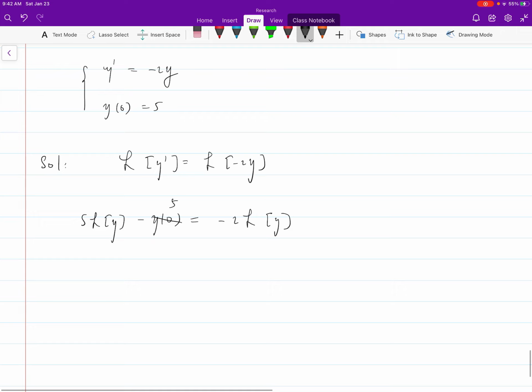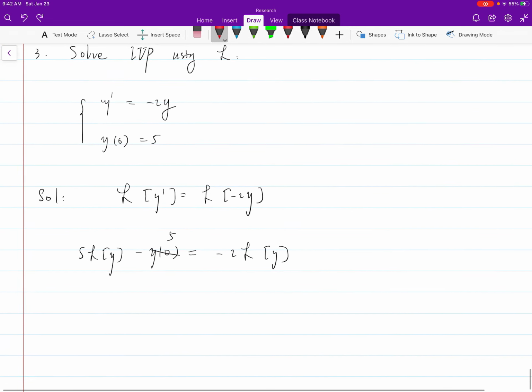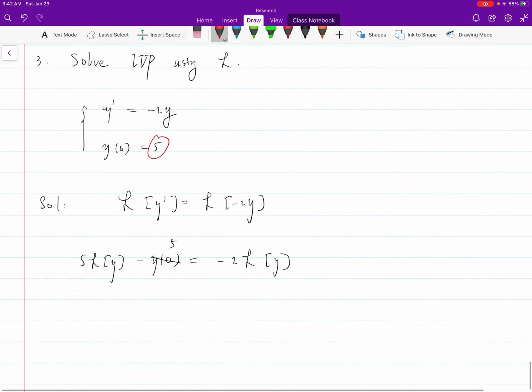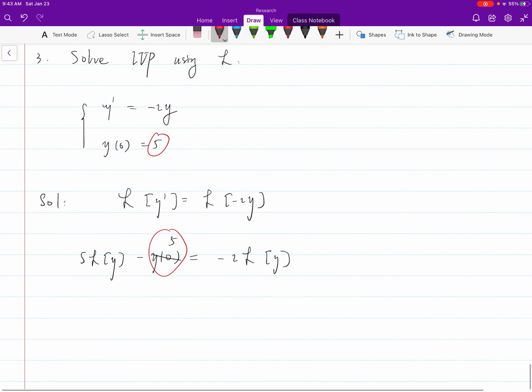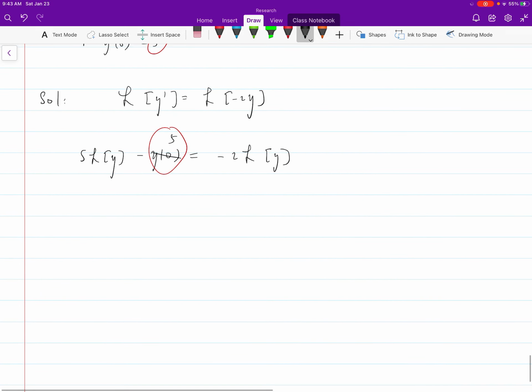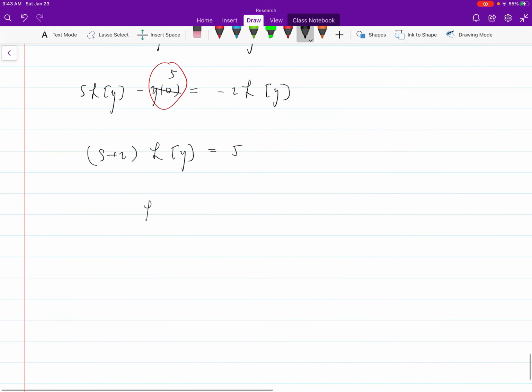This is 5 from the initial value. Let me put it here to highlight what's going on. And then what we can do is move everything with Ly on one side, 5 on the other side.